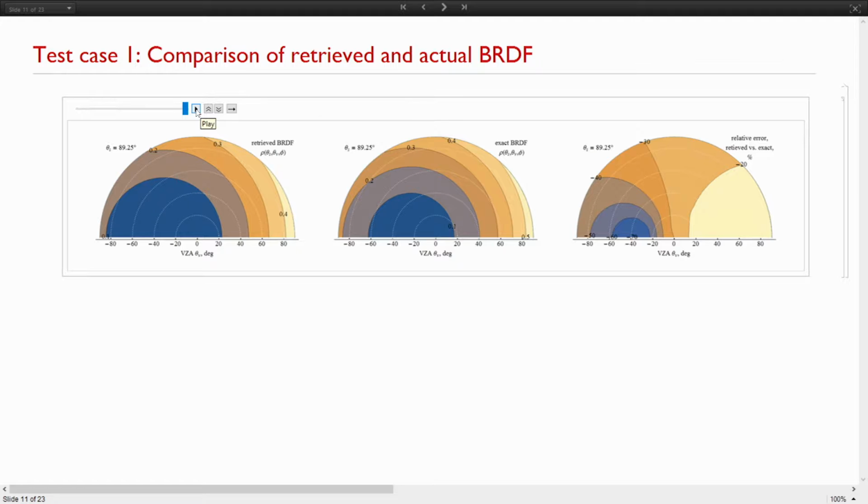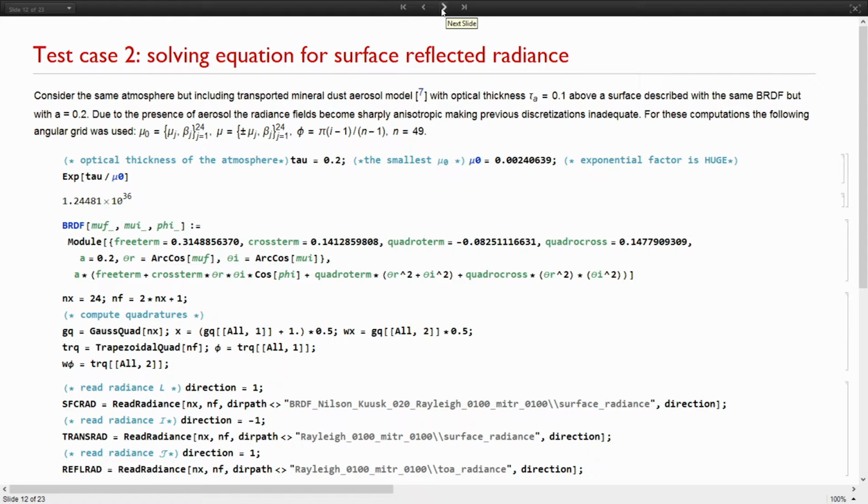But in the remote sensing community, nobody cares about so low sun. So that's OK. From the perspective of remote sensing community, that's completely OK. Accuracy is great.